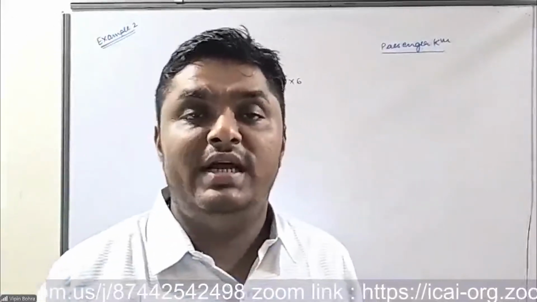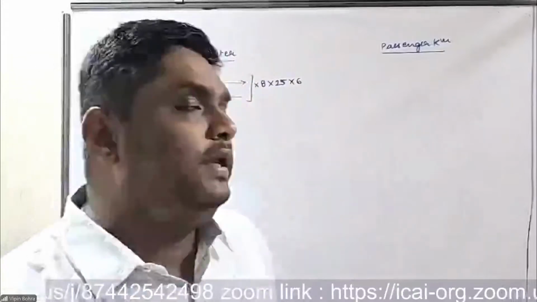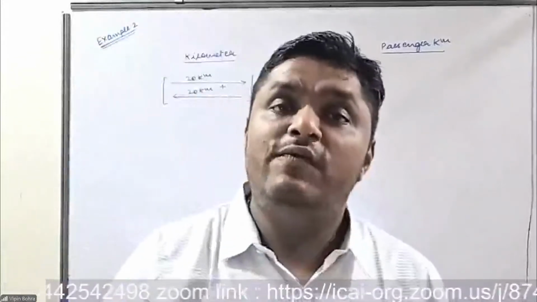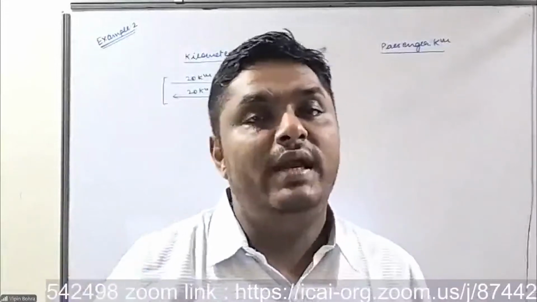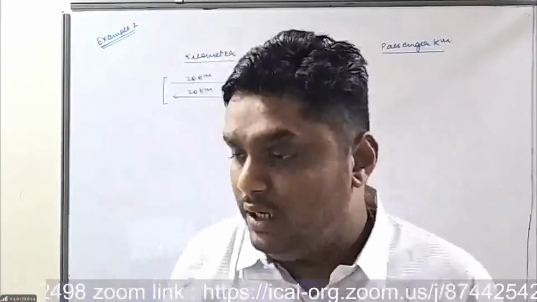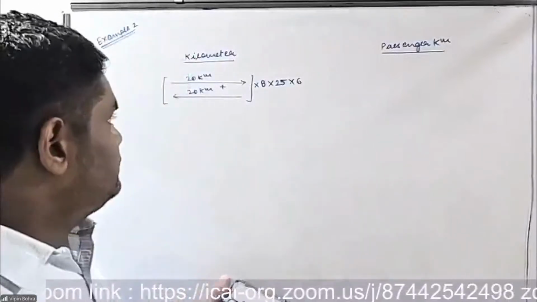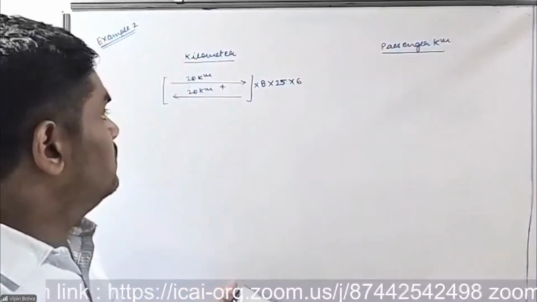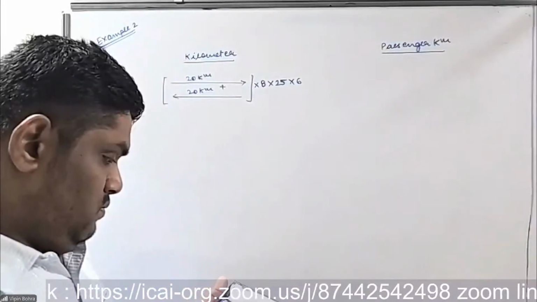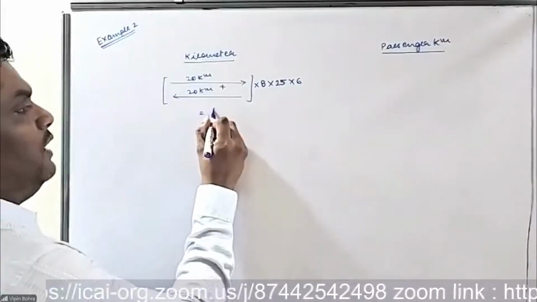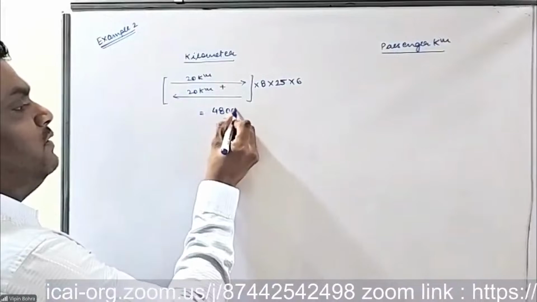So total distance traveled is how much? 40 into 8, that is 320 kilometers in a day. So for 25 days in a month and for 6 buses we will get the total kilometers. Here we'll get the total number of kilometers 48,000.